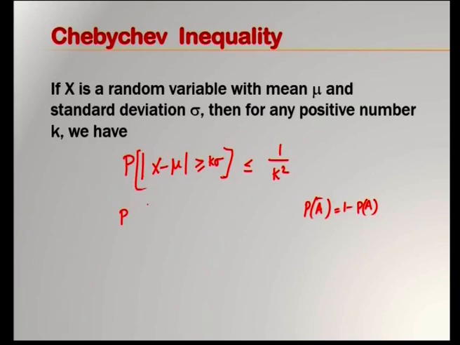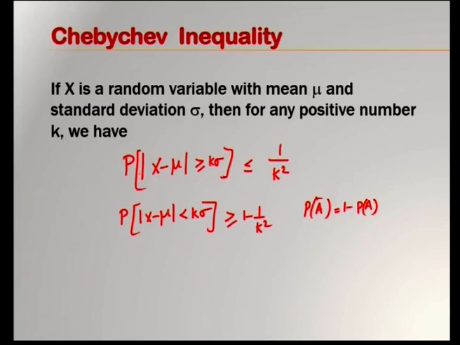So, P of modulus of x minus mu less than k sigma is greater than or equal to 1 minus 1 by k square. These two are the formats of Chebychev inequality. These two are called Chebychev inequality.